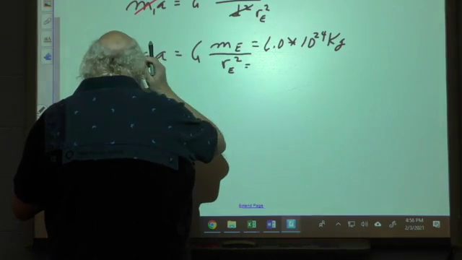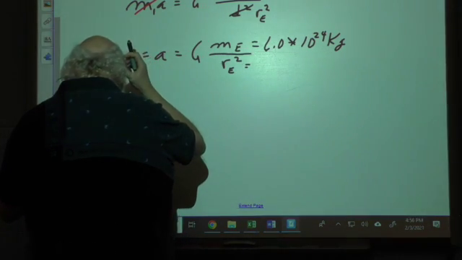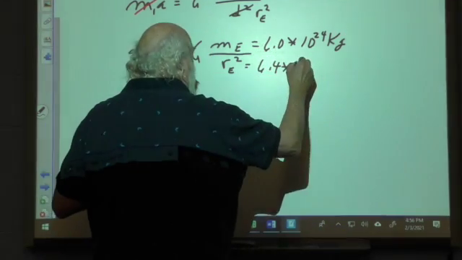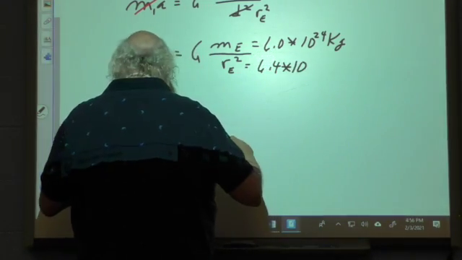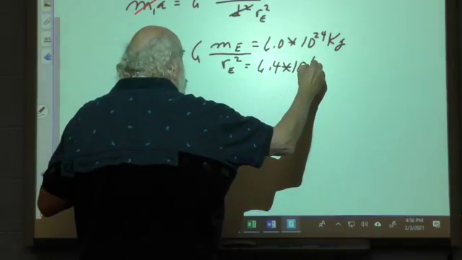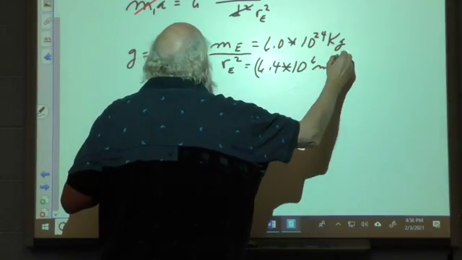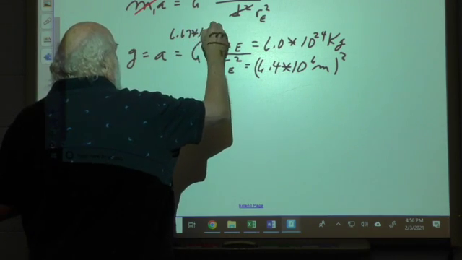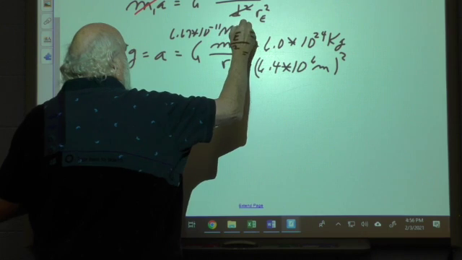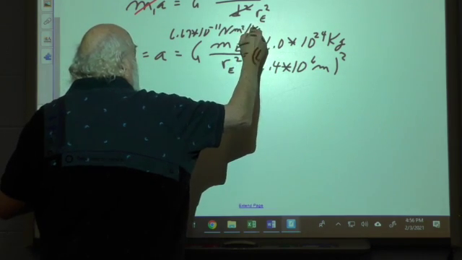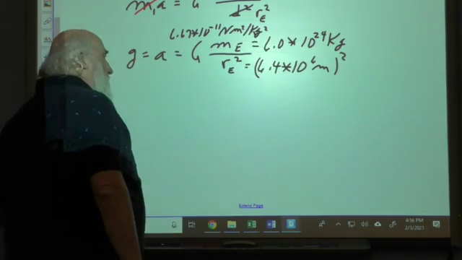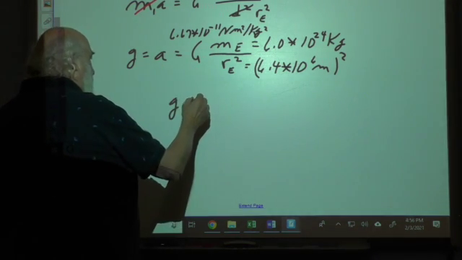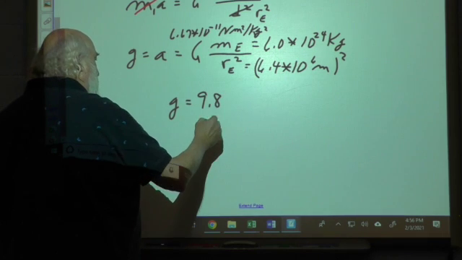And the radius of the Earth is around 6.4 times 10 to the 6th meters, and this is going to be squared. Plug all that into your calculator, and sure enough, you'll get somewhere in the neighborhood of 9.8 meters per second squared.